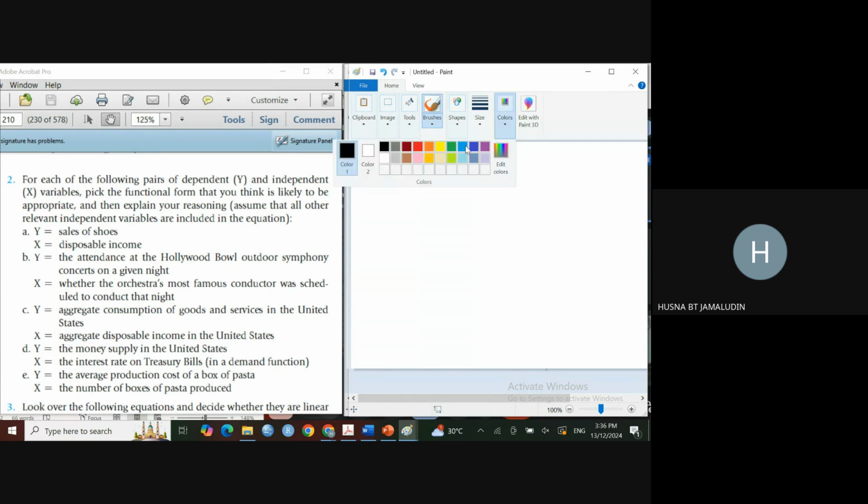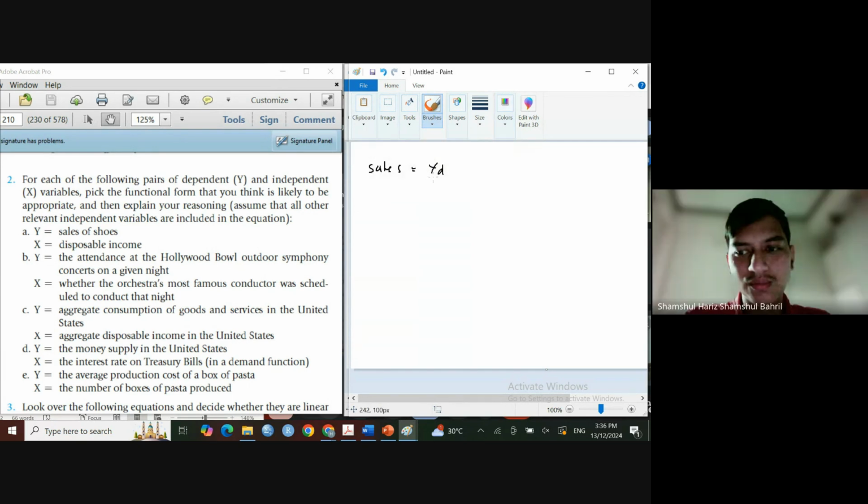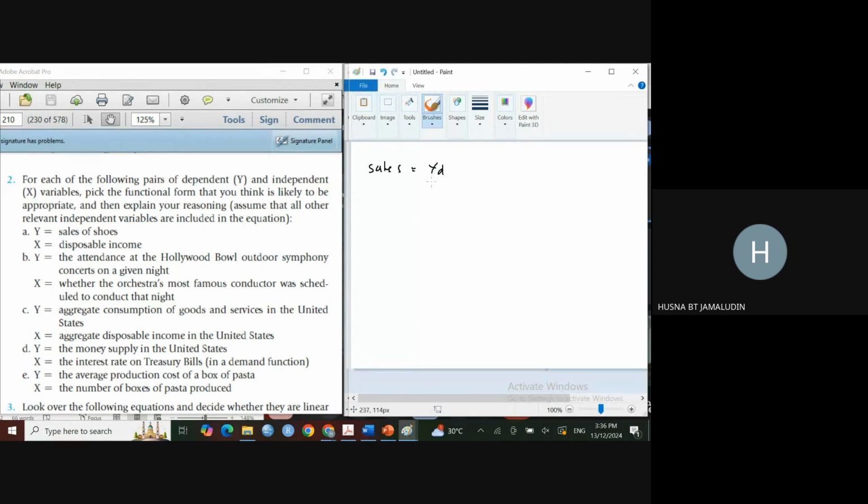Should I write it down or is there no need? Write it down, madam. Okay, so what do you think about this functional form? Is it linear, lin-log, log-lin? What else? You have a polynomial. What is it?